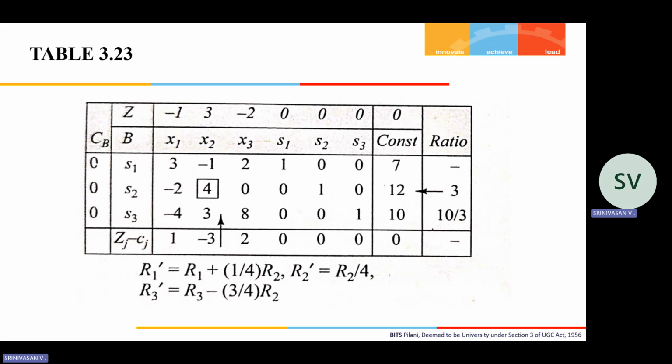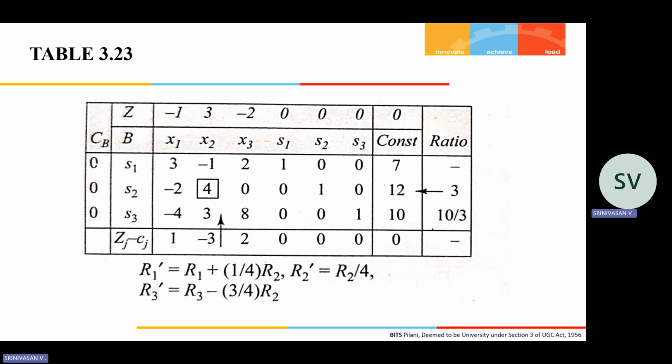So 7 by minus 1, ignore. 12 by 4, 3. 10 by 3, 3 point something. 10 by 3 is 3.33, isn't it? So anyway, of these two, this is the minimum. So that corresponds to the second row. This is first row, this is second row, this is third row.